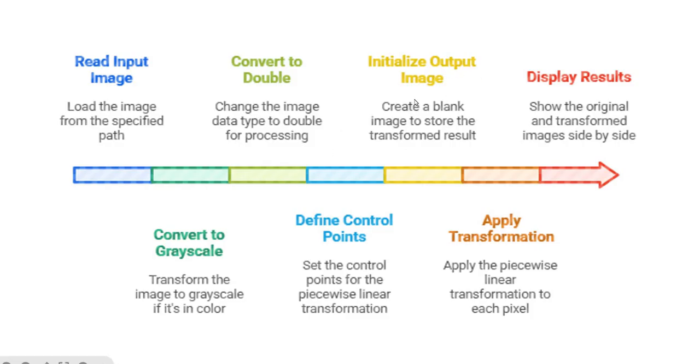After that, we'll initialize the output image. That is, we'll create a blank image here in order to store the transformed image. Once the blank image is created, we'll apply the piecewise linear transformation to each pixel. Then we will display the results. That is, here we'll show the original and the transformed images side by side.